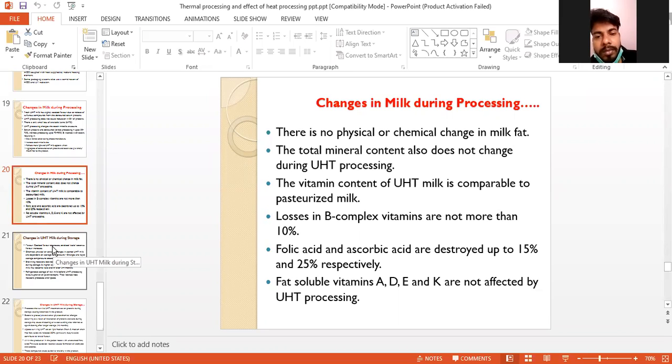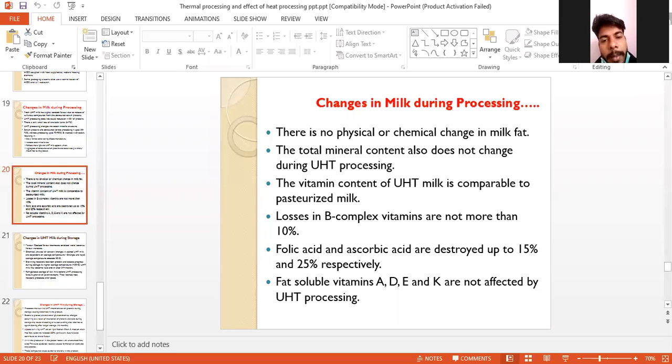So here we can understand that no physical and chemical change takes place in the milk, there is no change in the mineral content, and even the vitamin loss is almost similar to what we get in pasteurized milk.